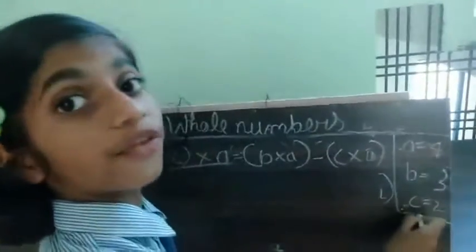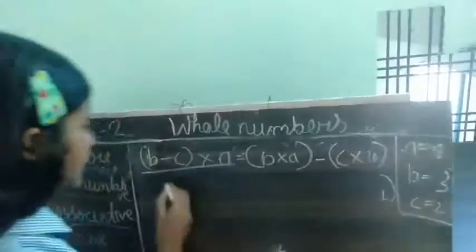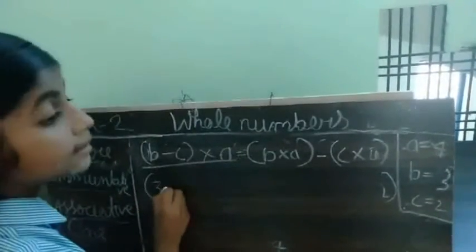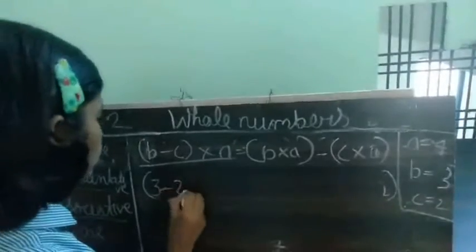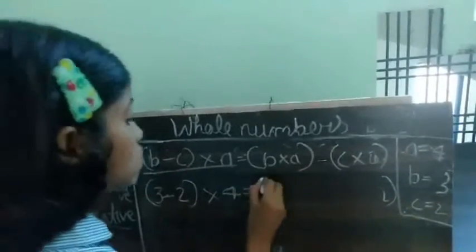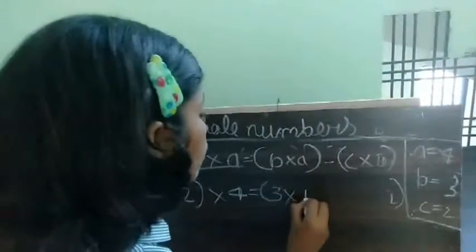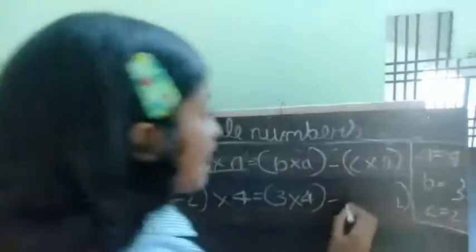The value of A is 4, value of B is 3 and value of C is 2. So 3 minus 2 into 4 equals bracket 3 into 4, bracket closed, subtraction sign, 2 into 4.